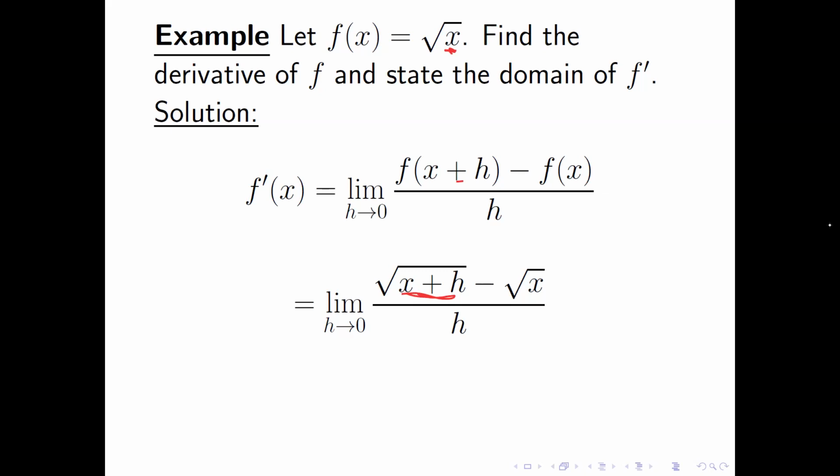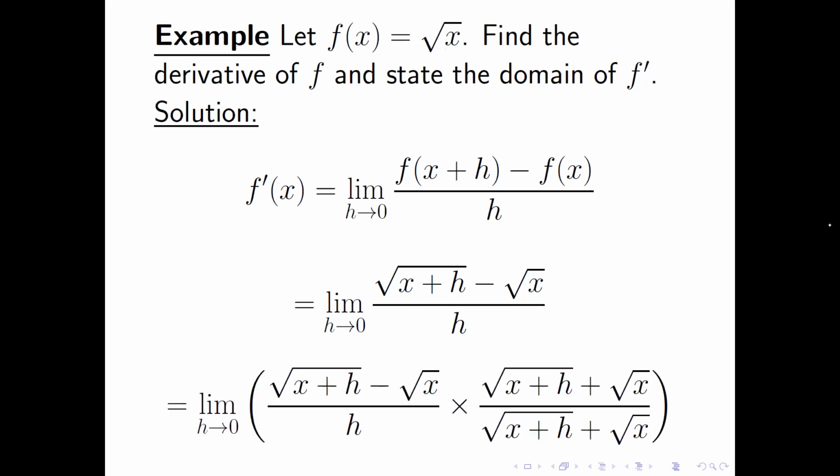So we are going to rationalize in order to eliminate the square roots in our numerator. Rationalizing means that we are going to multiply by the special one. This is our special one, because the square root of x plus h plus the square root of x divided by the same thing will give you 1.